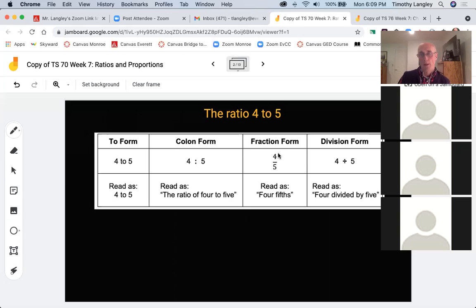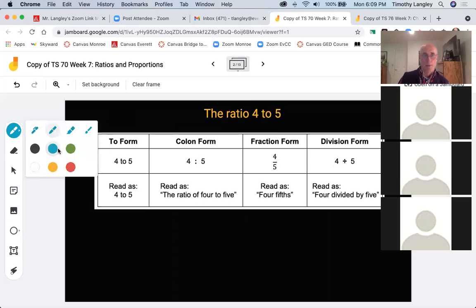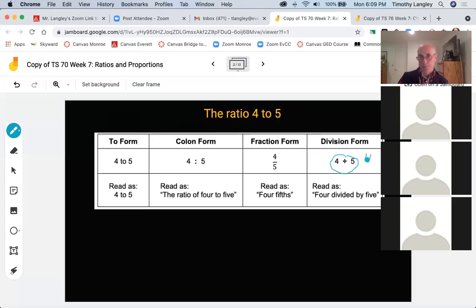Or you can write it in the fraction form, which you will see, especially when we start comparing ratios in a moment. So 4 over 5. And that's really the same thing. This right here, 4 over 5, is really the same thing as 4 divided by 5.